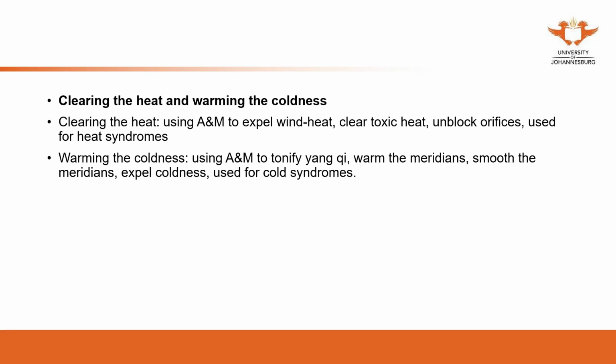For instance, for a heat syndrome, the patient may present with red tongue, rapid pulse. And then you can also see from the coating. For a cold syndrome, you can see from pale tongue, swollen tongue with teeth mark, white coating, slow pulse, or weak pulse.